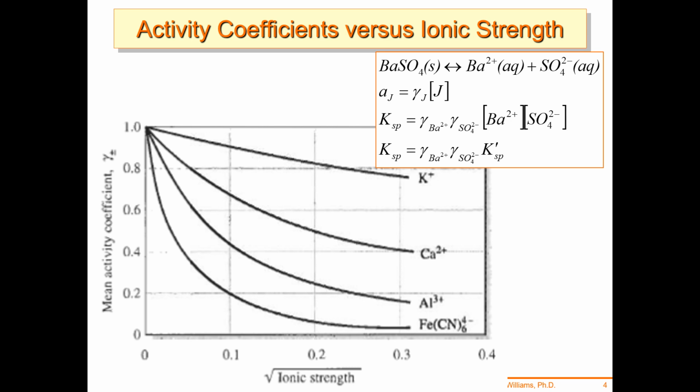Whereas the ferrocyanide ion, that 4- ion, which is iron surrounded by 6 cyano groups, drops dramatically, almost to 0. So what that means is that's going to counteract the concentration. So iron ferrocyanide is going to go into solution more as you add more ions in solution.